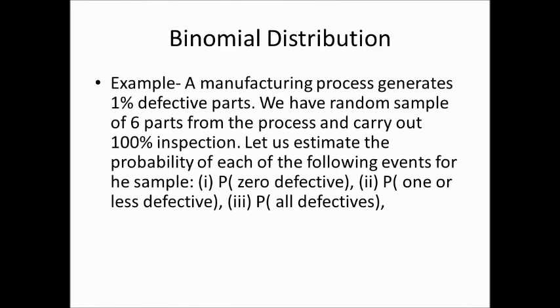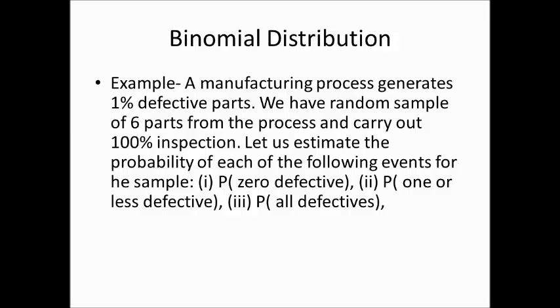Take another example. We are looking at a manufacturing process that generates on average 1% defective parts. So on average, out of every 100 parts, 1 is defective. Now we take a random sample of 6 parts from the process and carry out 100% inspection. So we take a random sample of 6 parts and inspect each one of them.